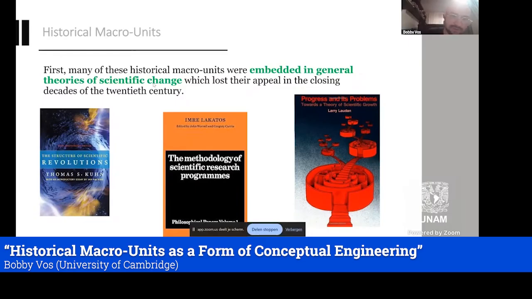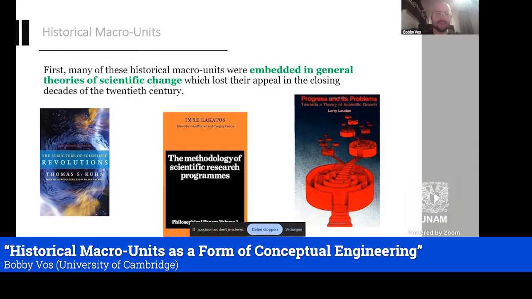So for Kuhn, Lakatos, and Laudan, for each one of them, this was also the case, that their use of their distinctive historical macro units was embedded within this higher level theory of scientific change. And as such, as general theories of scientific change lost their own appeal within the discipline for various other related reasons, which we will not get into here today, the use of such historical macro units naturally dwindled as well.